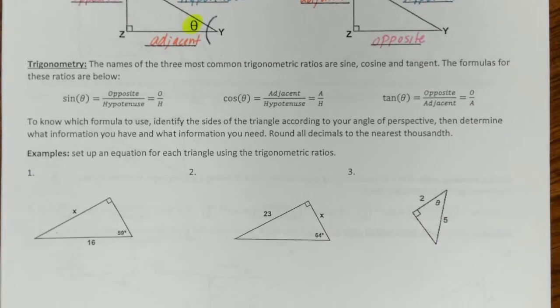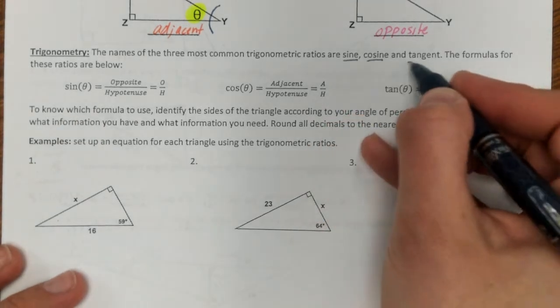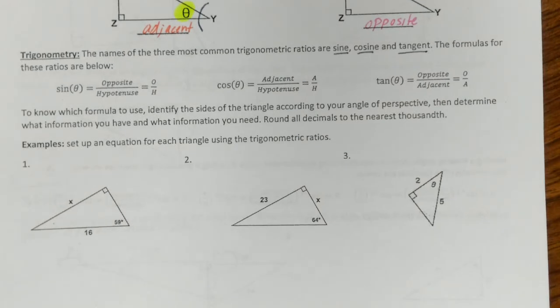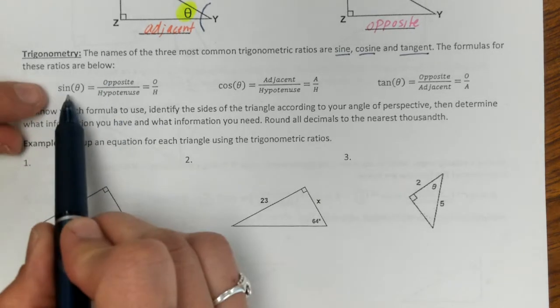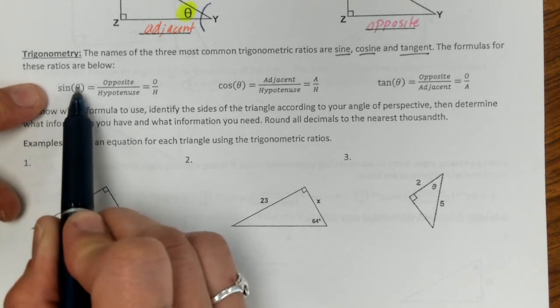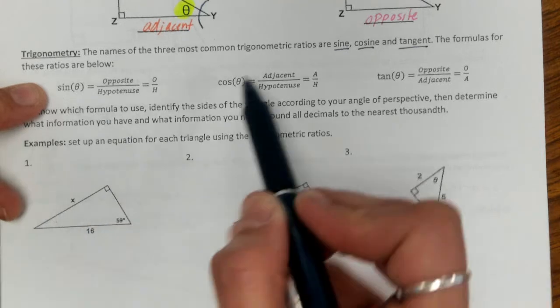We're going to be using these as H, A, and O when we're using our formulas to write out our equations. We're going to have sine, cosine, and tangent as our three different trigonometric functions. Okay, we can just call them trig functions for short, so we're not having to use a complicated word. Our formulas: sine of whatever our reference angle is equal to the opposite side over the hypotenuse.